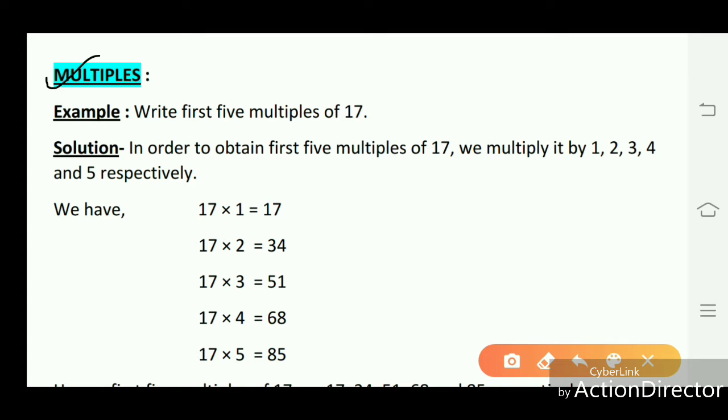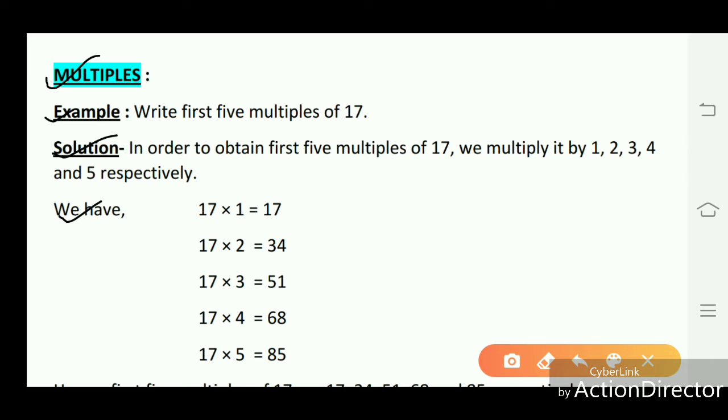Now multiples. Example, write the first 5 multiples of 17. So how can we find multiples? We multiply the number by 1, then 2, then 3, then 4 and so on. So in order to obtain the first 5 multiples of 17, we multiply it by 1, 2, 3, 4 and 5 respectively.